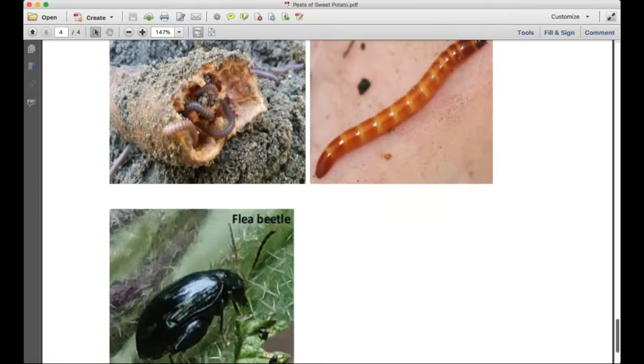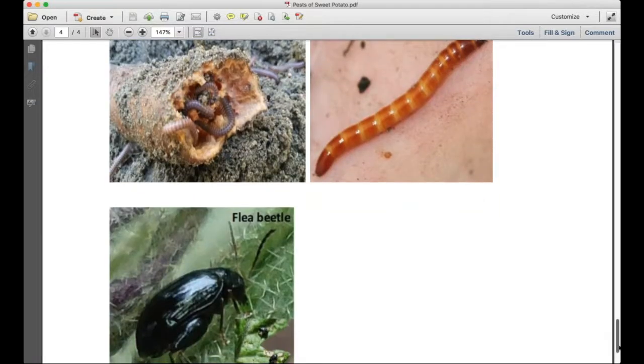And the next one is the flea beetle. In other crops, like tomato and squash, flea beetles feed on the foliage in the upper canopy of the plant. But in sweet potato, it has a dual role, where the grubs go into the soil and feed on the roots.